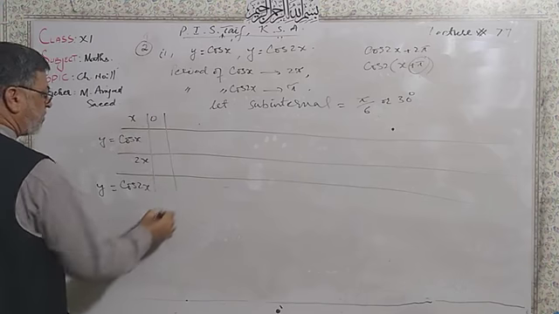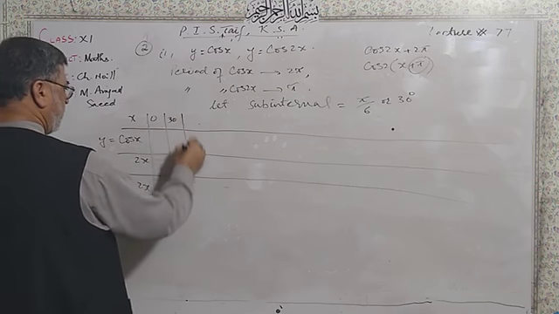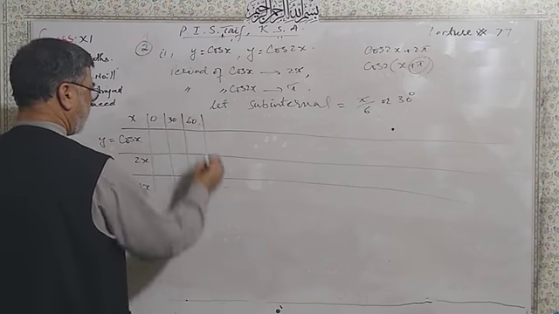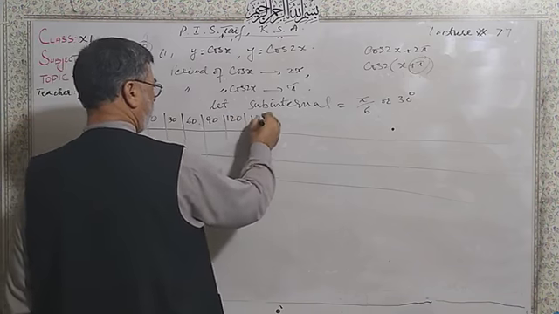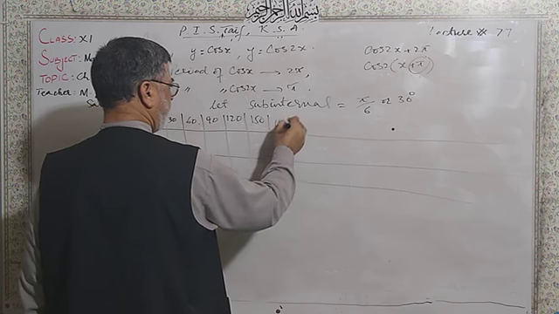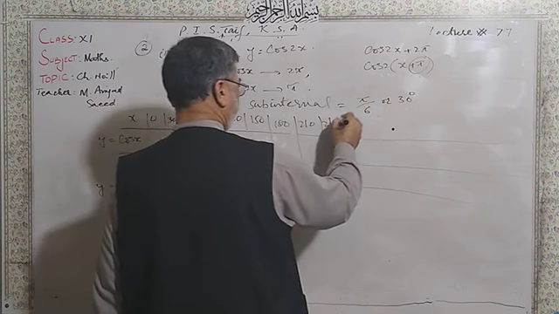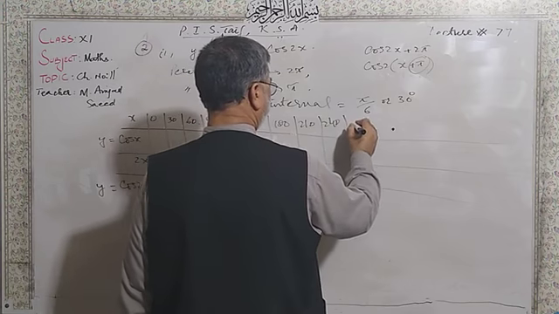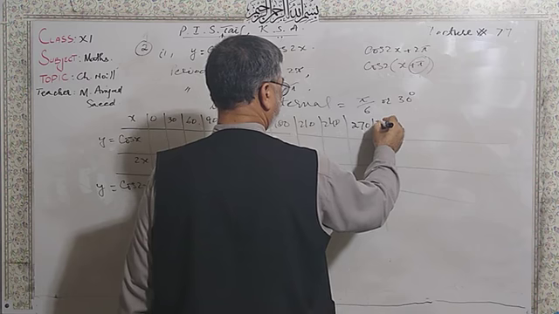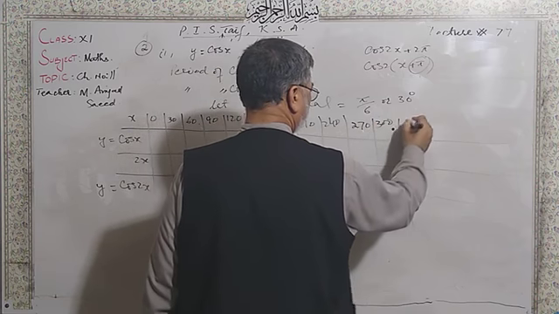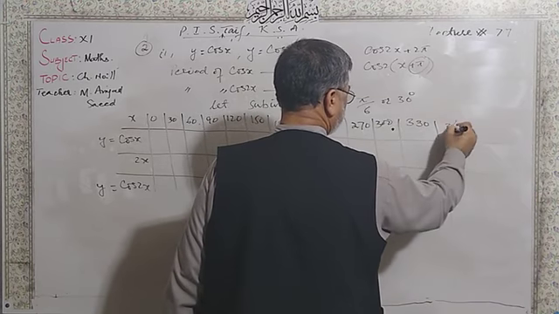We will start from 0. Gap is 30 degree: 60, 90, 120, 150, 180, 210, 240, 270, 300, 330, and 360.